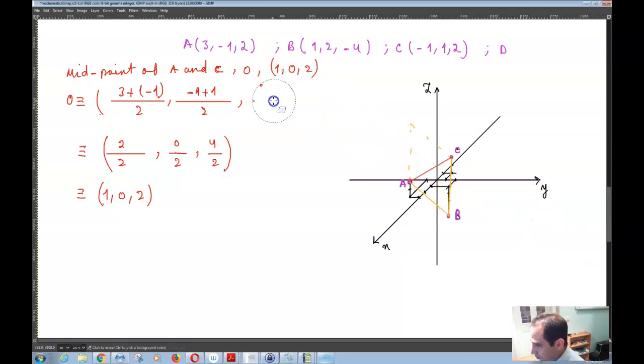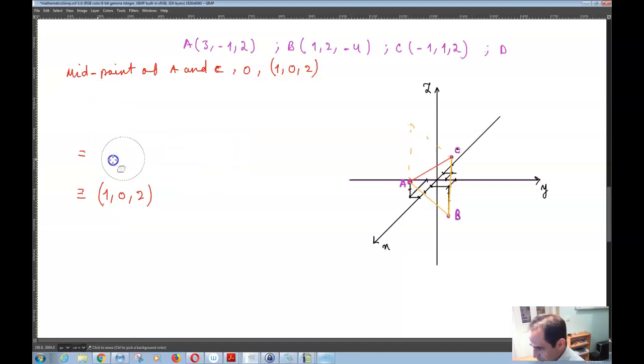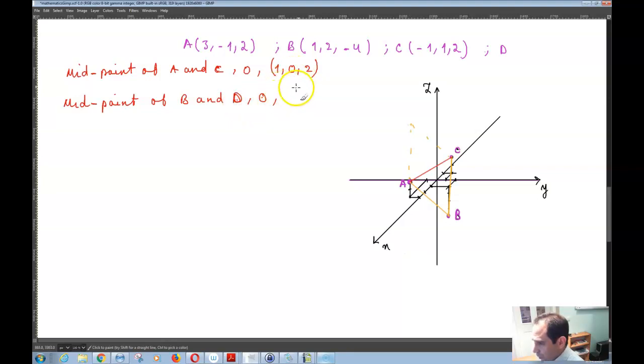And we said that this point is also the midpoint of B and D, which is the same point O, so the coordinates would be the same, of course, (1, 0, 2).